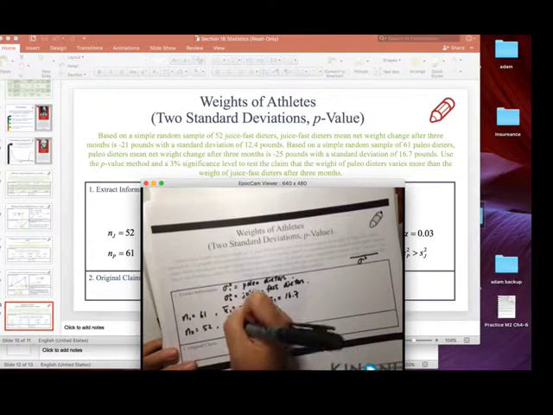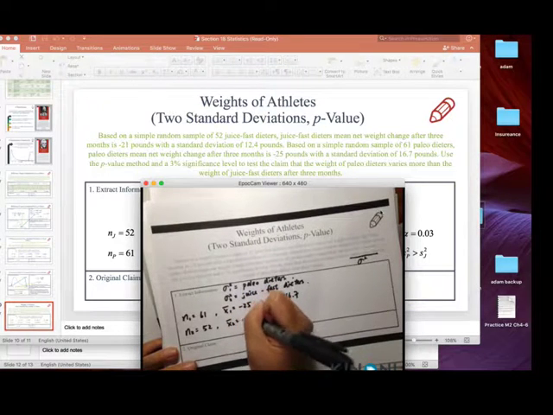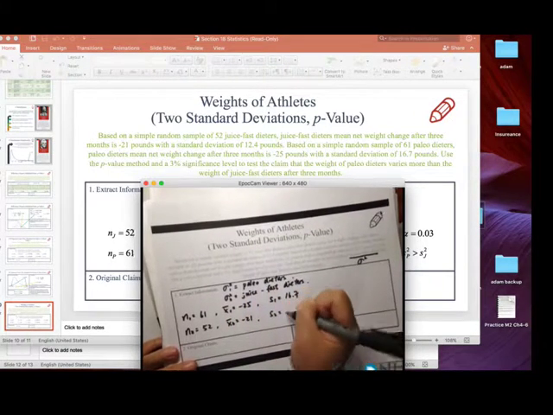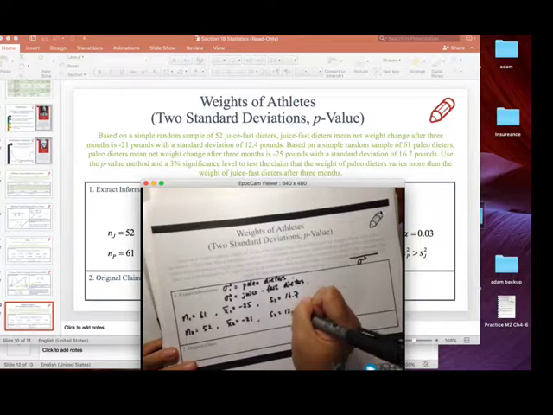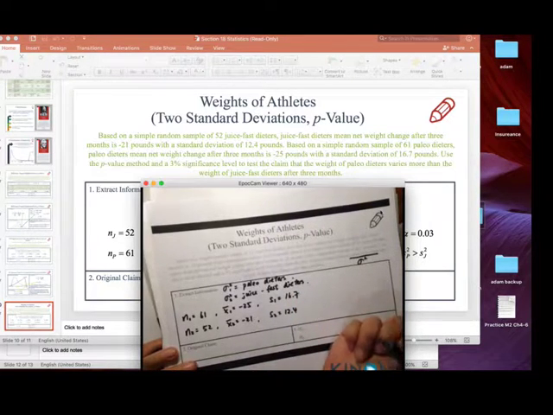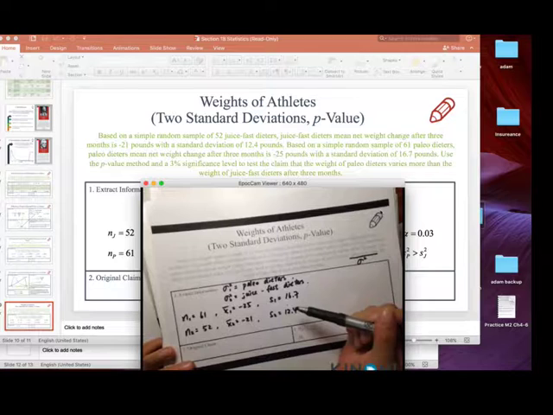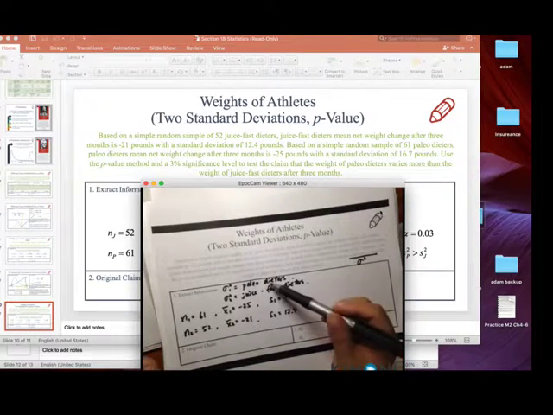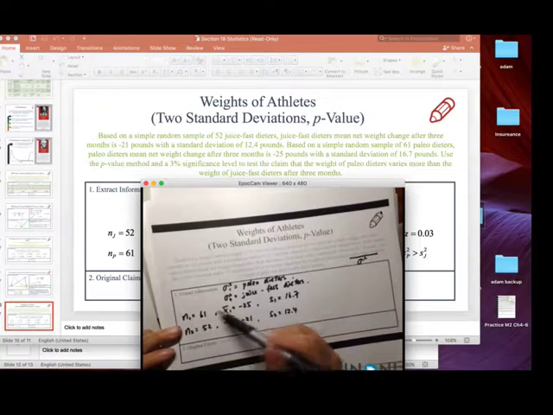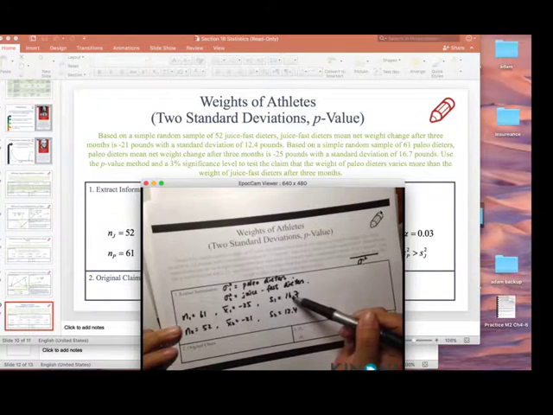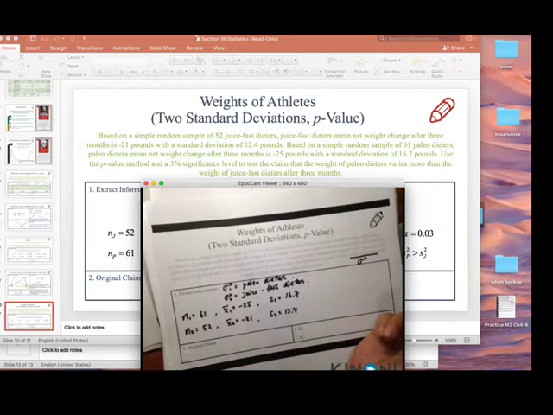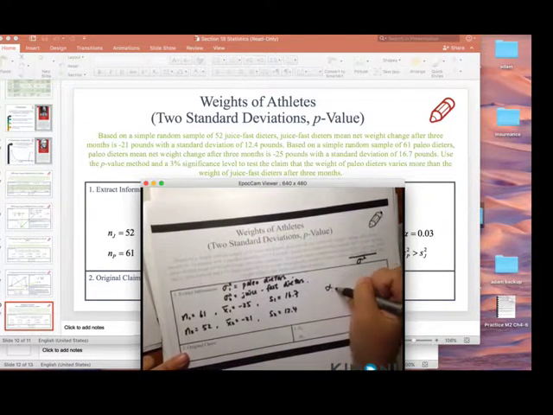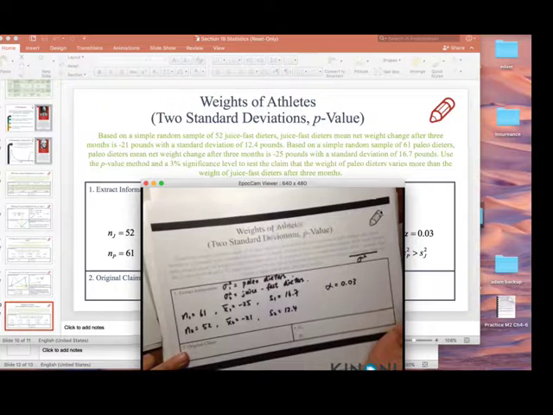Second one, sample size, the mean, sample standard deviation, that will be 12.4. One more time, you have to choose the largest sample standard deviation or variance as your population 1. I call this my population 1 because this sample standard deviation is greater than the second one. Then the significance level is 0.03.